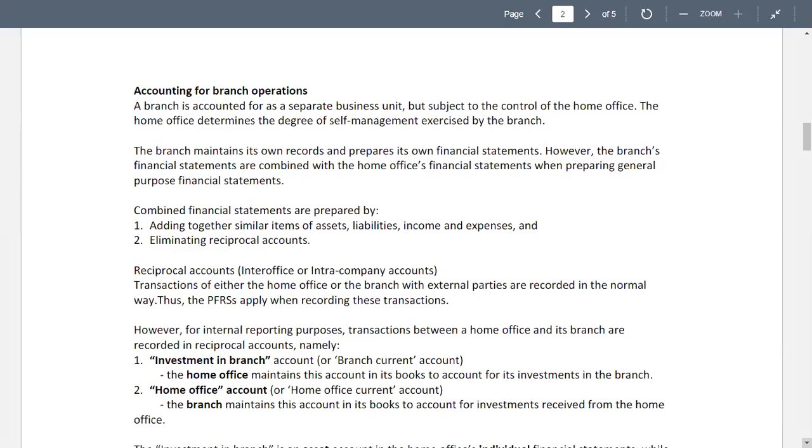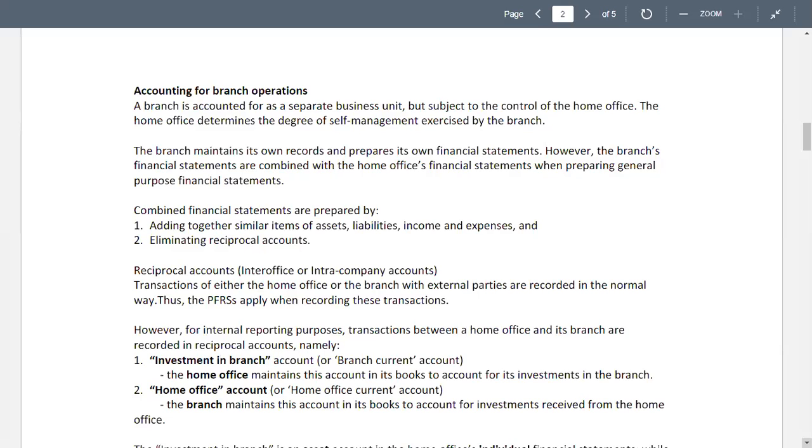Now, the reciprocal account of investment in branch is home office account, or home office current account. This account is maintained in the books of the branch, and normally this account will have a credit balance. Normally, the branch maintains this account in its books to account for investments received from the home office.